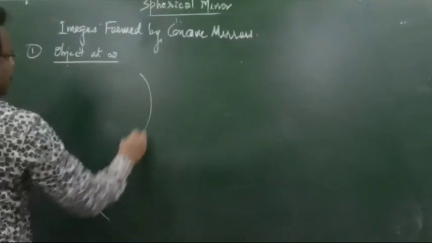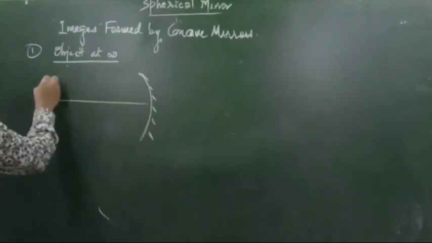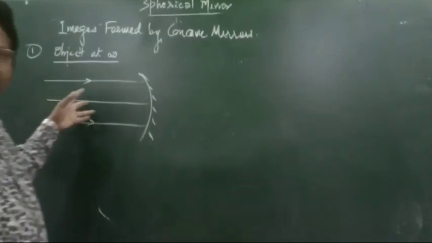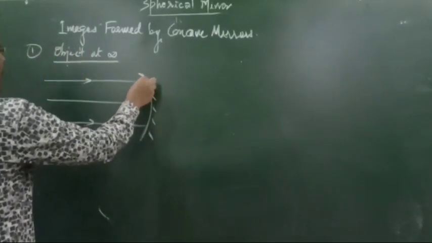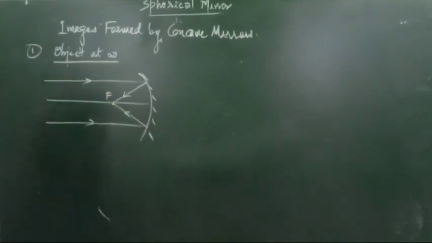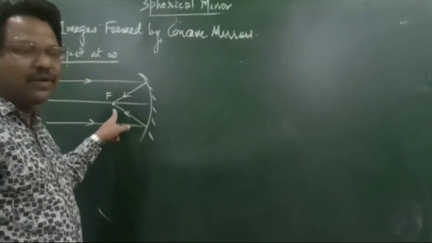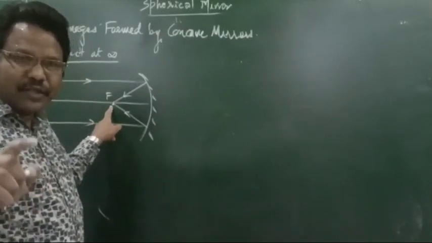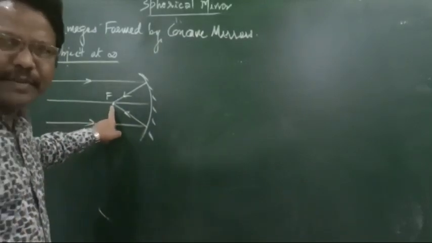So when you have a concave mirror and your object is kept at infinity, parallel rays are incident from infinity, approaching the mirror. After reflection, you better know that the parallel rays converge at a single point, which is called the focus. So the image will be formed at the focus. You can see, as real rays are meeting, the image formed will be real.